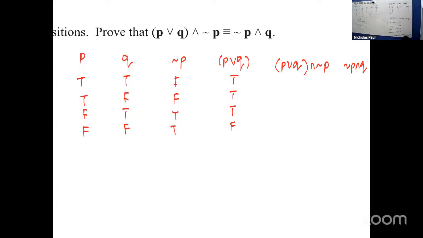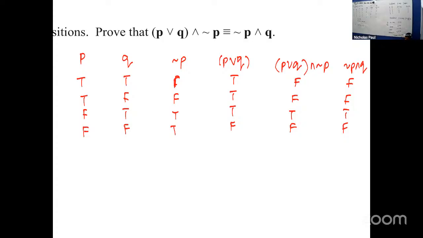P or Q and the negation of P, I got false, false, true, false. And then negation of P and Q, I got false, false, true, false. What does that mean? Identical, so they're logically equivalent.